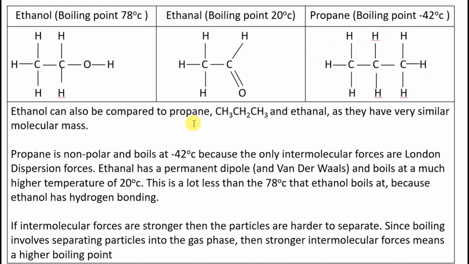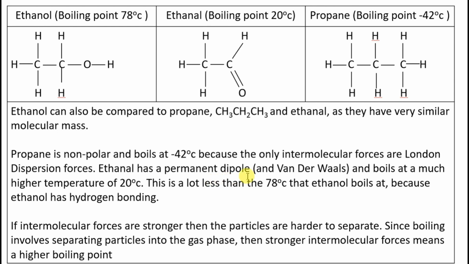Ethanol can also be compared to propane, as we have, and ethanal, as they have very similar molecular mass. Now, propane is non-polar and boils at negative 42 degrees because the only intermolecular forces are London dispersion forces, the weakest form of intermolecular forces.